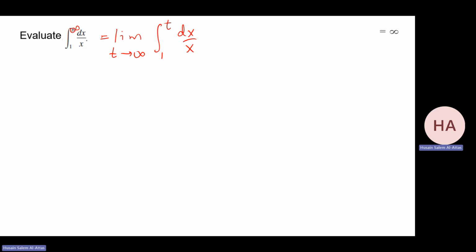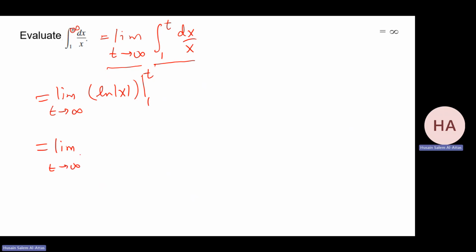Then it has two parts, integration and then limit. So leave the limit. Let me do the integration. The integral of dx over x, I know it. It's ln of the absolute value of x, from 1 to t.